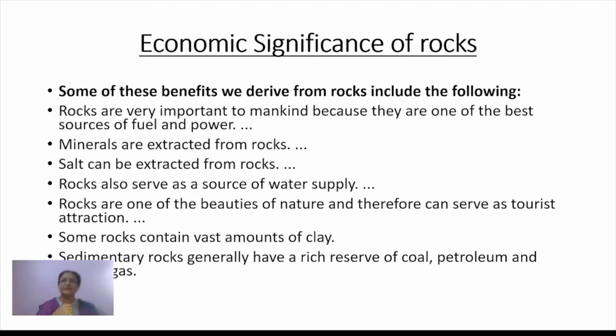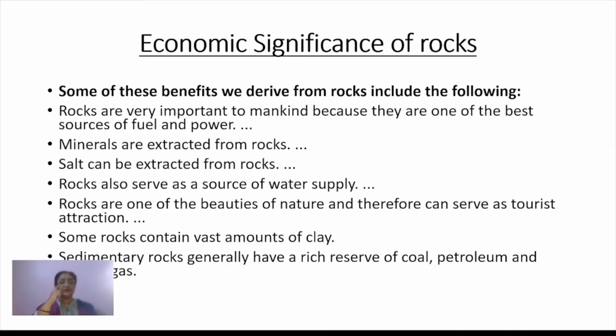Then a number of minerals come out of the rocks only. These are extracted from the rocks only, right? Then the salt which we consume, or the salt for industrial activities, is also extracted from the rocks. Rocks also serve as a source of water supply.